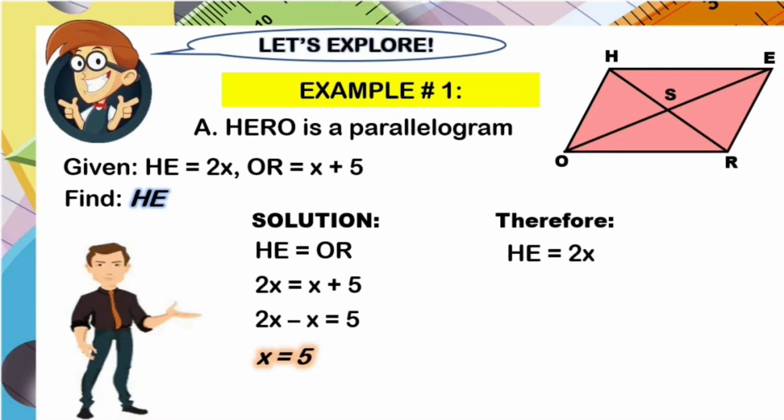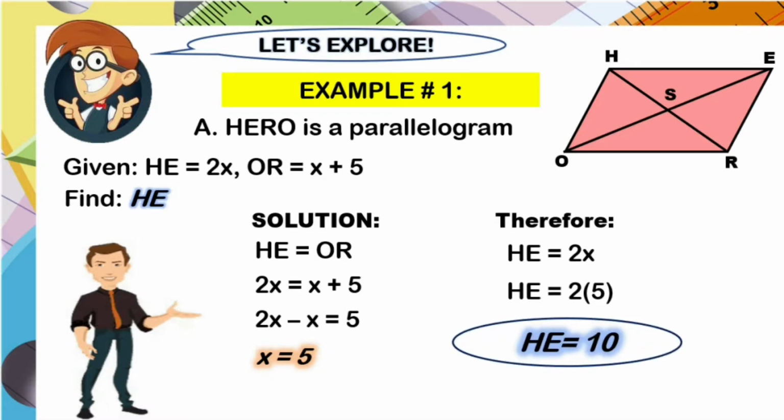After solving for the value of x, which is 5, let us substitute the value of x to the equation of segment HE equals 2x. Therefore, HE is equal to 2 times 5. Simplifying, we have segment HE is equal to 10. Now, let's proceed to another example.